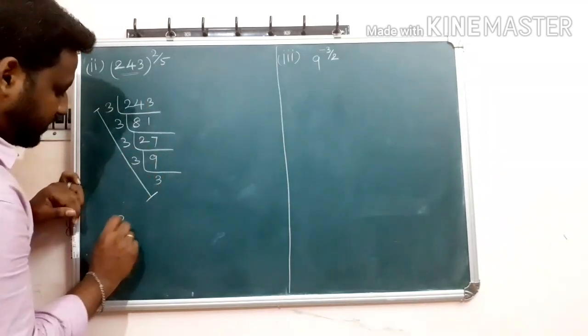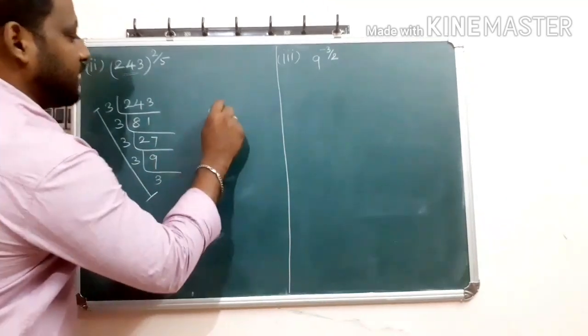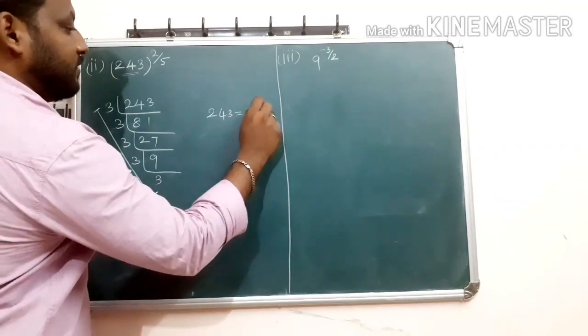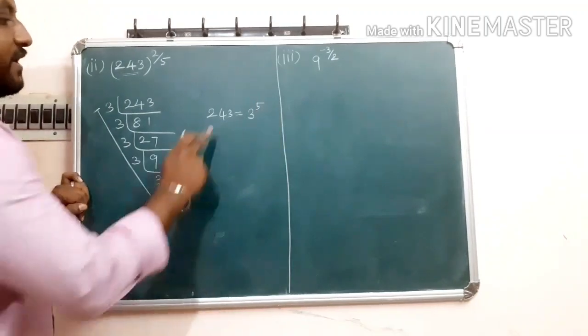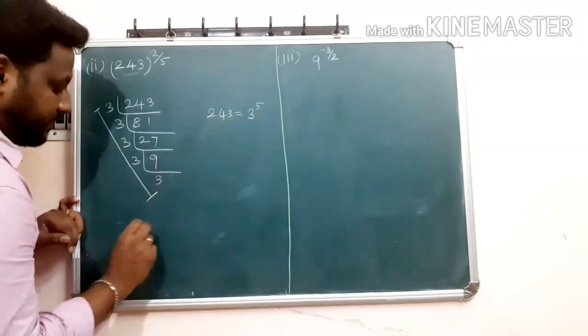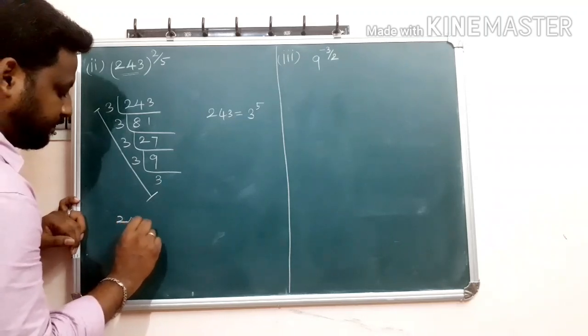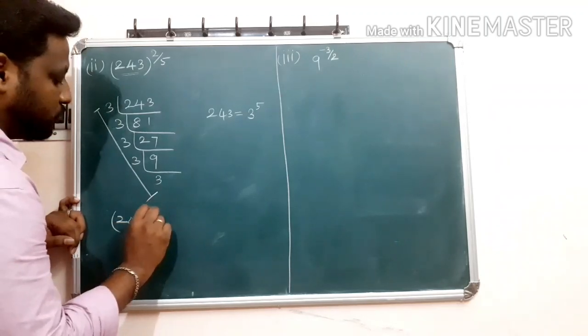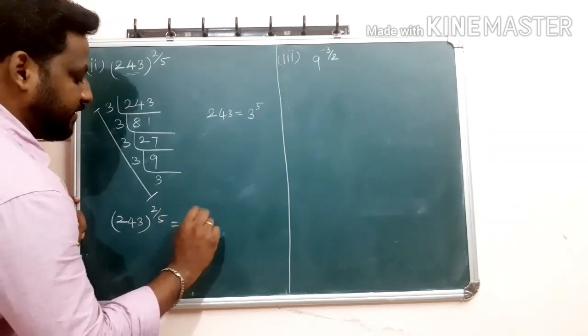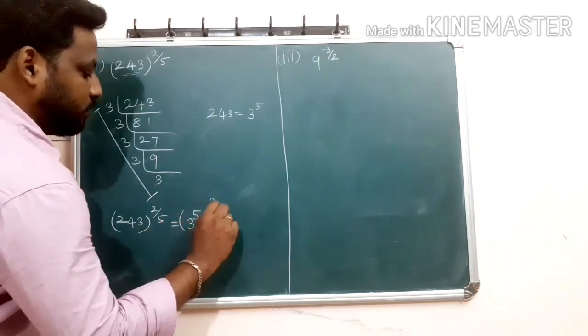So 243 is equal to 3 power 5. So instead of 243, we can write 3 power 5. So 243 the whole power 2 by 5 is written as 3 power 5 the whole power 2 by 5.